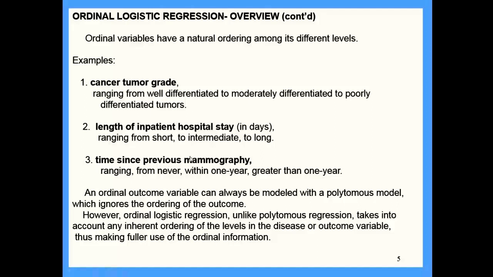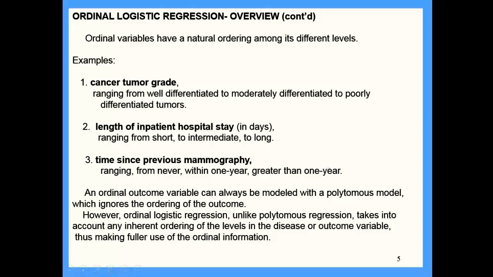Time since previous mammography. That's the example that's in the logistic regression book, chapter 12. Time since previous mammography, ranging from never, to within 1 year, to greater than 1 year. That's ordinal.